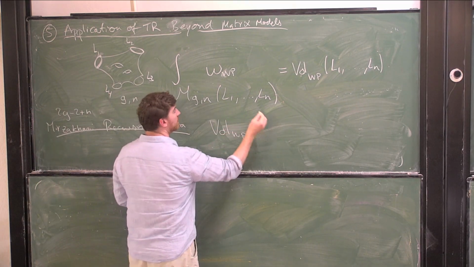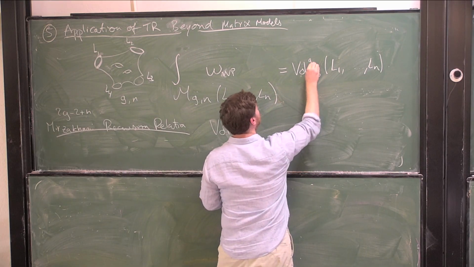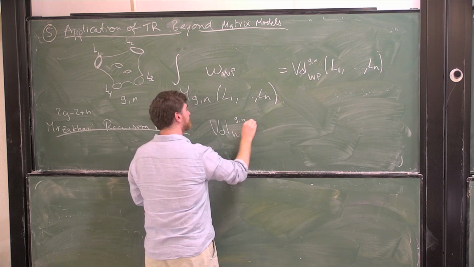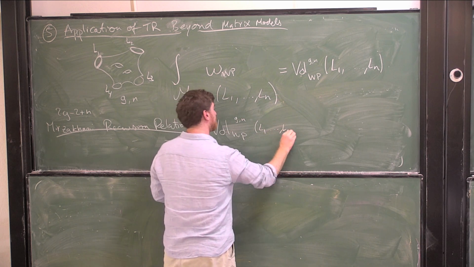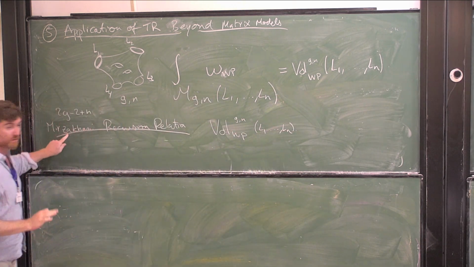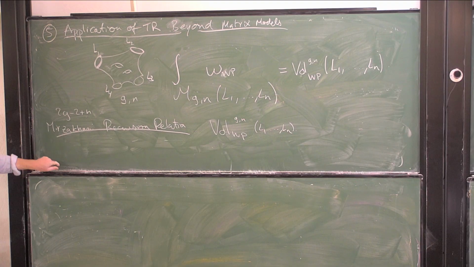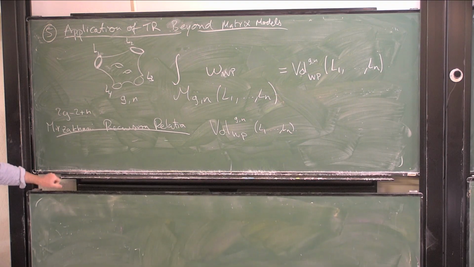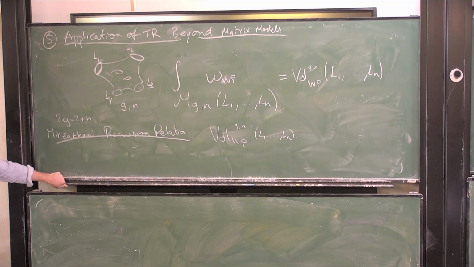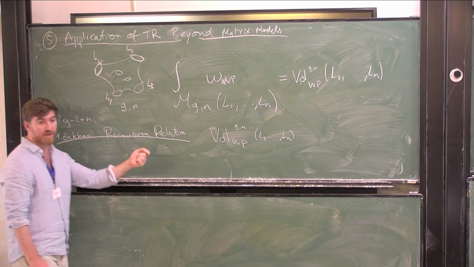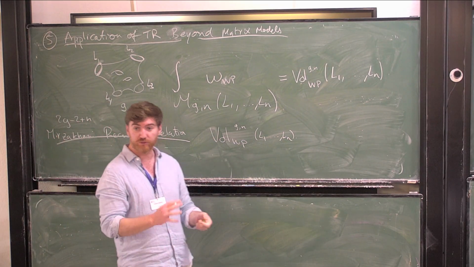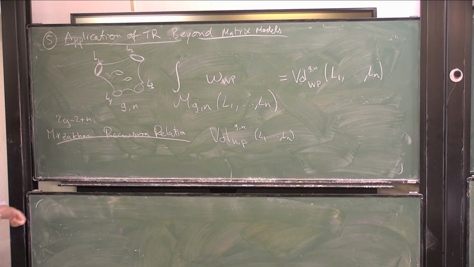Maybe so, I have another label, Vg,n. And this one won her the Fields Medal. So this is a very, very hard problem, and it was very surprising to people that you could compute these recursively. Computing each one by hand was a paper in its own right, and people had only done maybe genus 1 with one point or something like that. So they were very hard problems to do, and then she found this beautiful recursion relation.